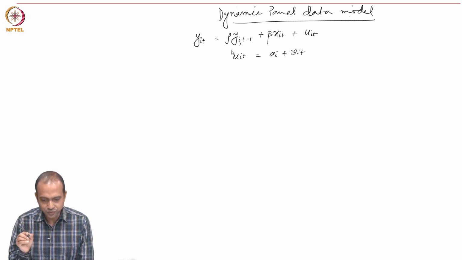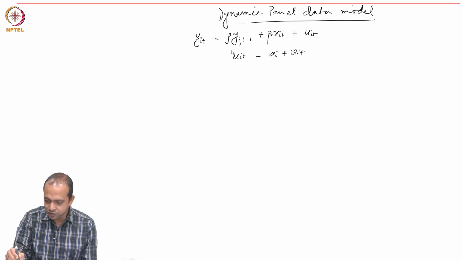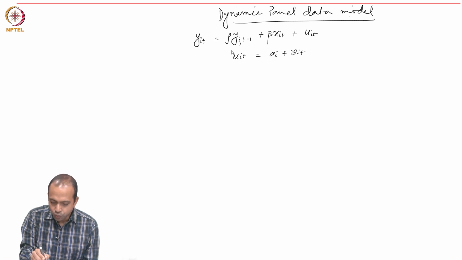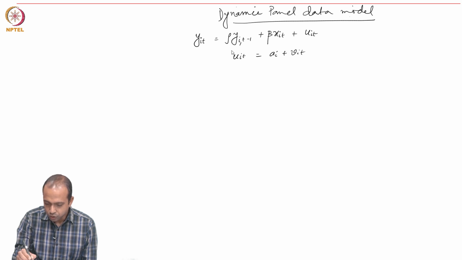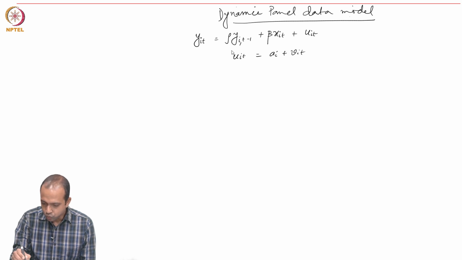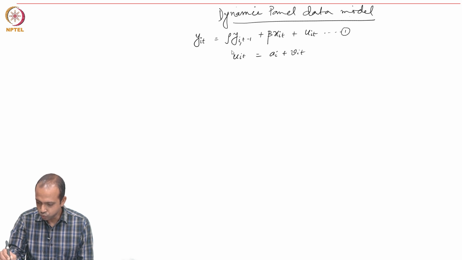A simple transformation that we have discussed is, if we subtract Y_i,t-1 from both sides of this equation 1, then what will we get? Y_it minus Y_i,t-1 equals (rho minus 1) into Y_i,t-1 plus beta X_it plus u_it.